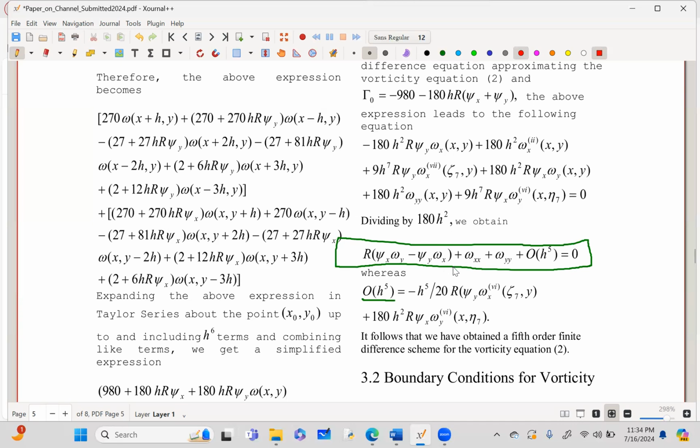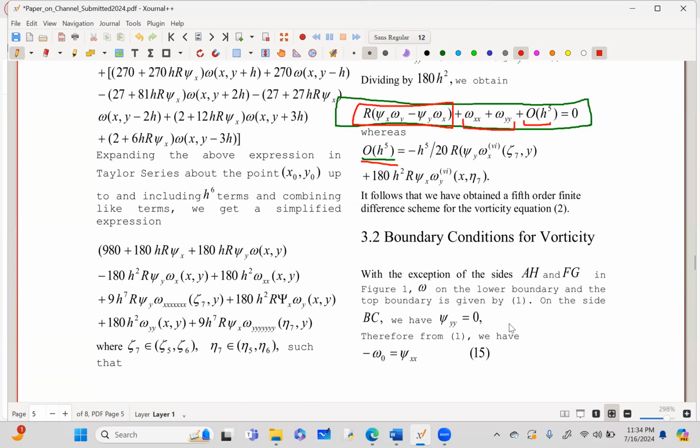So this is the convective term, and this is the Laplacian. These together constitute the vorticity equation. And this is fifth order, because that's what we have shown here, that this is O(h^5). You can see that it involves those fifth order terms.